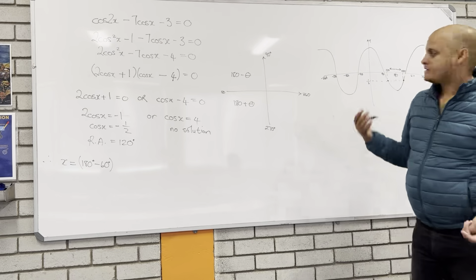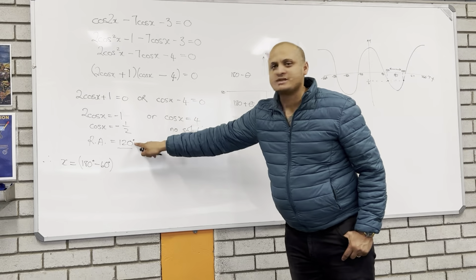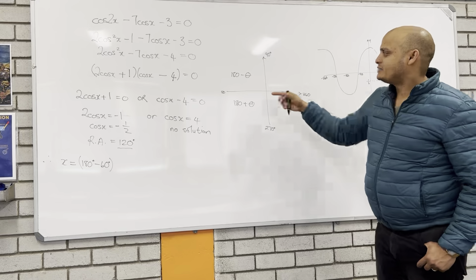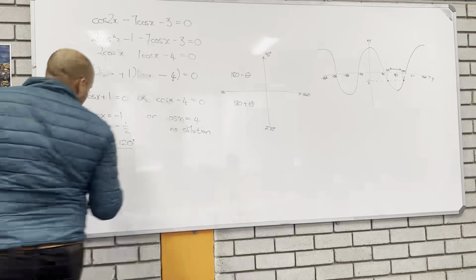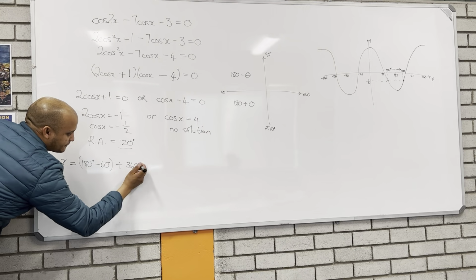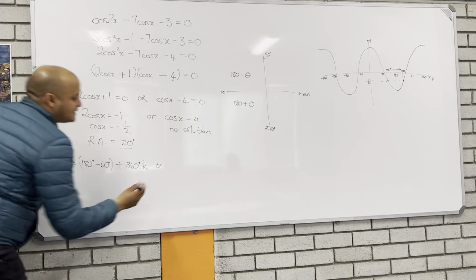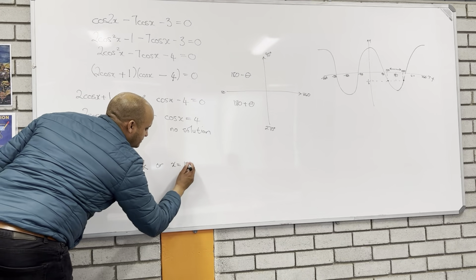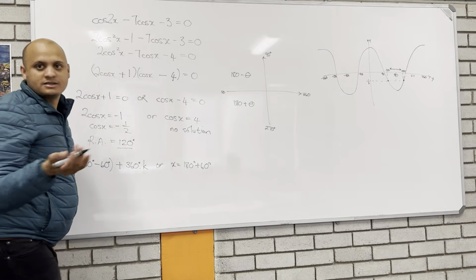So what happens in second? I use 180 minus, and I use 180 plus. So when you get an answer like this, you would say, okay, that is in my second quadrant. So 180 minus what gives me that? 180 minus 60. So 180 minus 60 gives me 120 plus the 360k. Or 180 plus 60 plus my 360k.